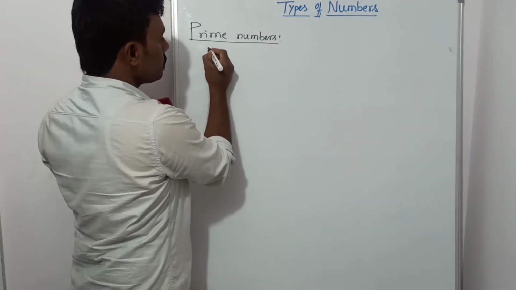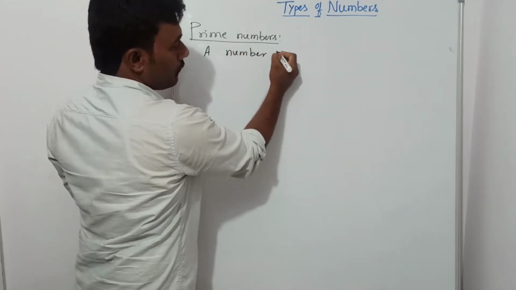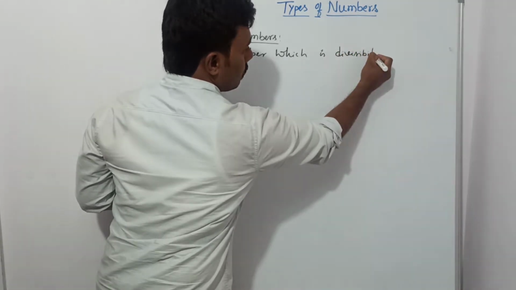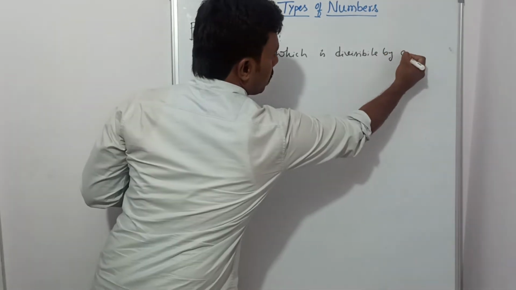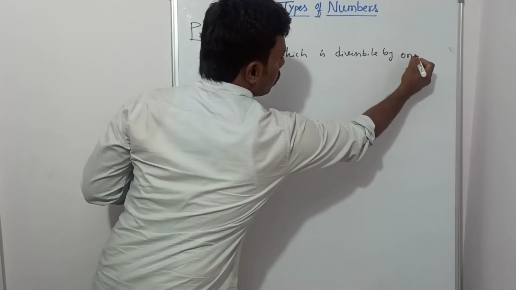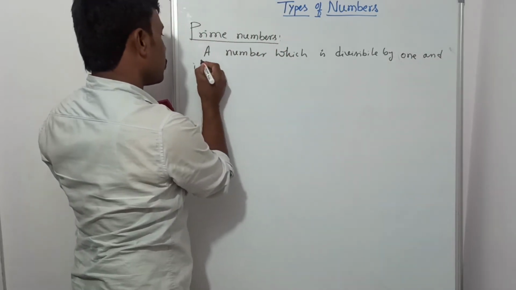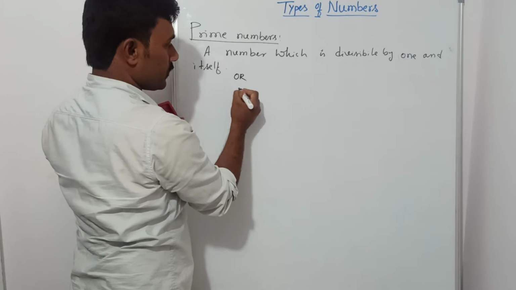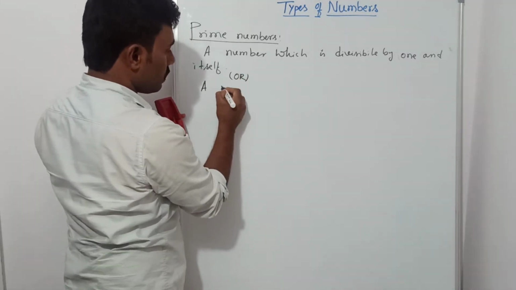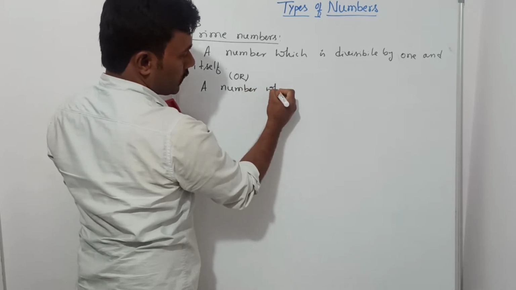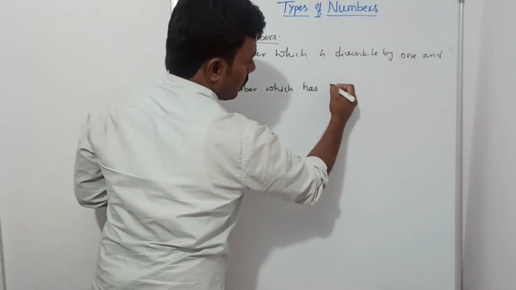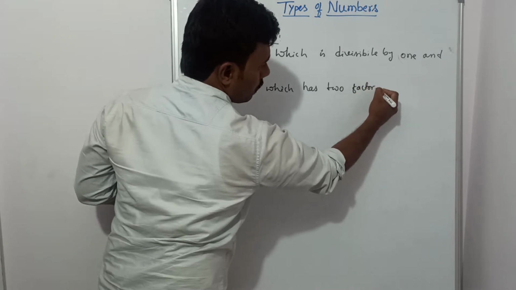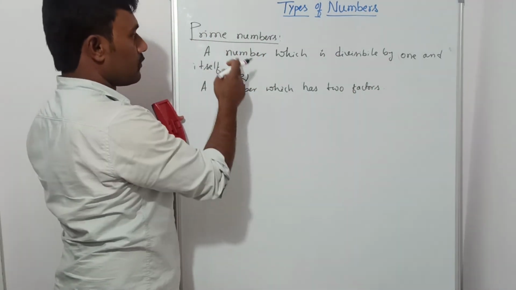One is a number which is divisible by 1 and itself is called a prime number. Another definition is a number which has two factors, then the number is called a prime number.